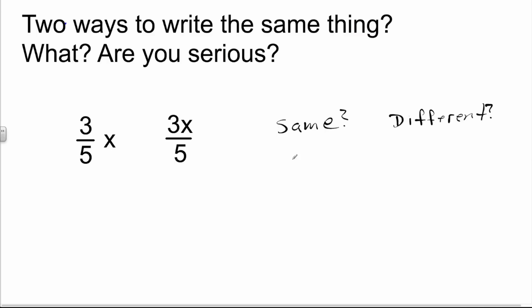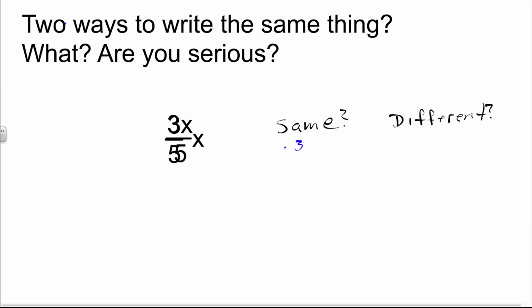Let's take a look at how these 2 expressions are the same. If we just move them around a little bit and place them on top of each other, we can see they both have a 3 in the numerator and a 5 in the denominator. So if you're taking notes, you might want to write that down. If not, it's cool.